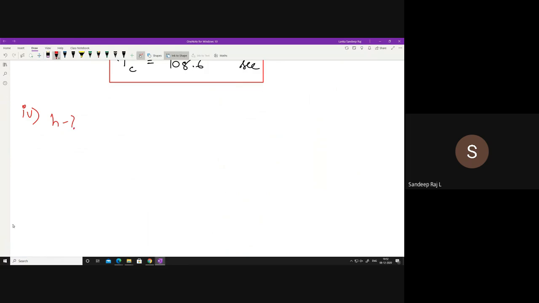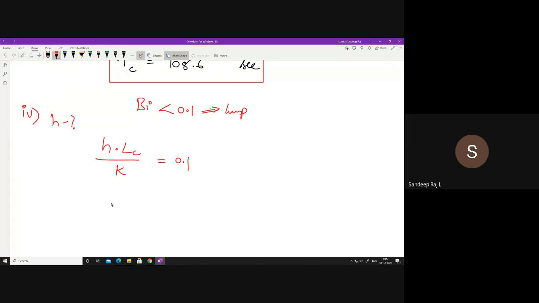HLC by K is equal to 0.1, because until here yours is a Biot number. Once it is less than 0.1, it is lumped. Once it crosses this, it is not lumped. So that's why we are using this equal to 0.1.